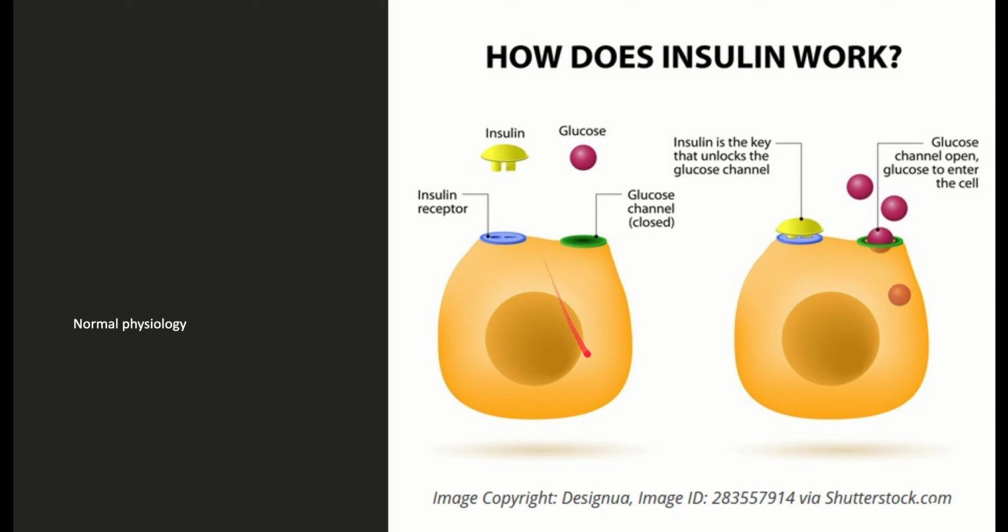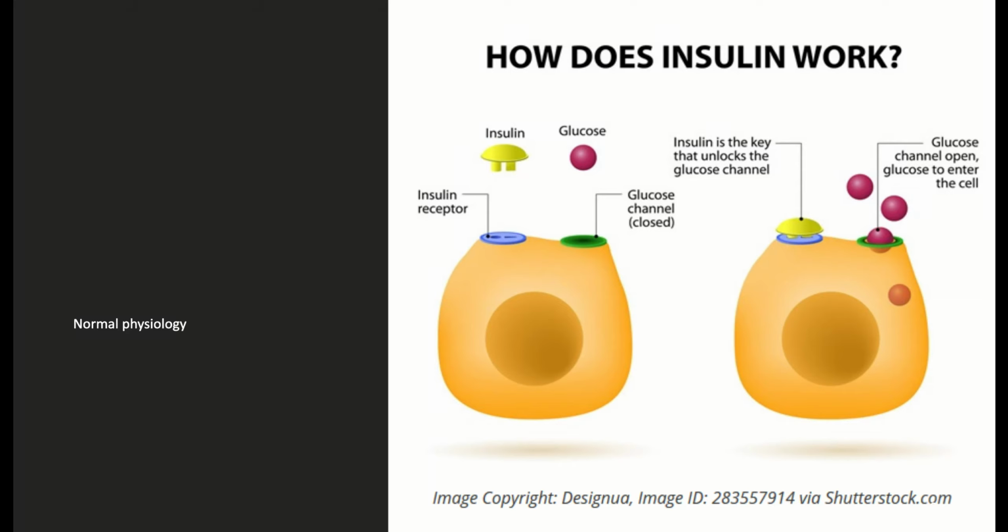Let me repeat. In the slide, you see the yellow insulin and the red glucose floating around the cell. You see a round flesh-colored cell with a blue and red and green circle on the cell membrane. The blue is an insulin receptor where the insulin will attach.